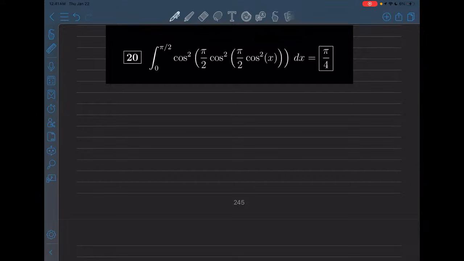Yes, that's true, guys. Okay, so I told you earlier that from King's rule, this thing is equal to f of a plus b minus x dx, right?